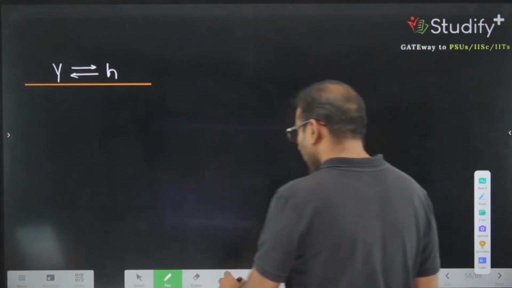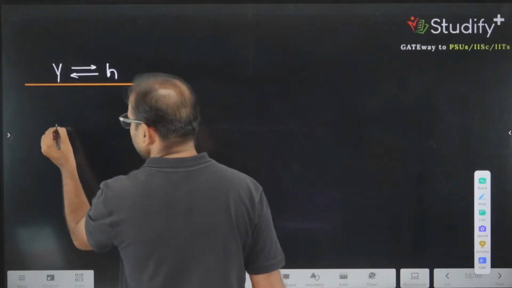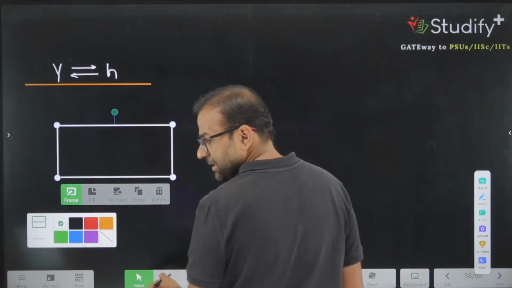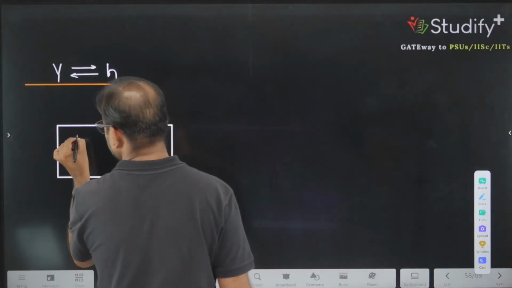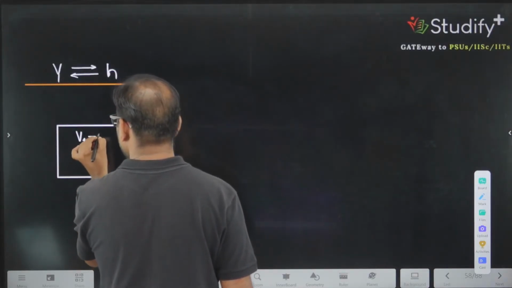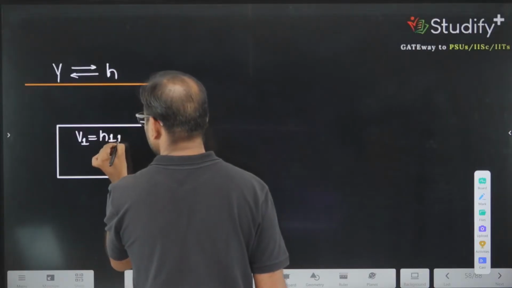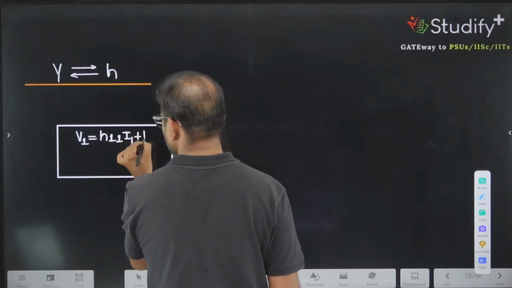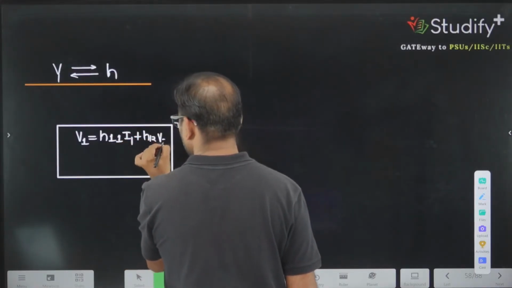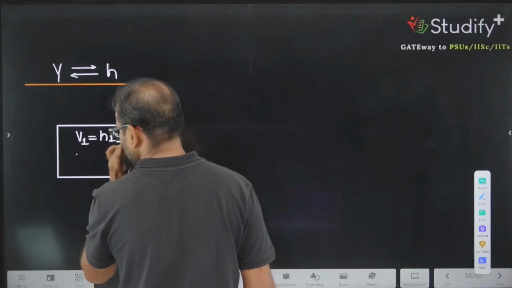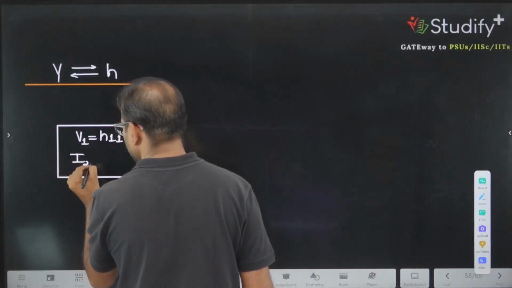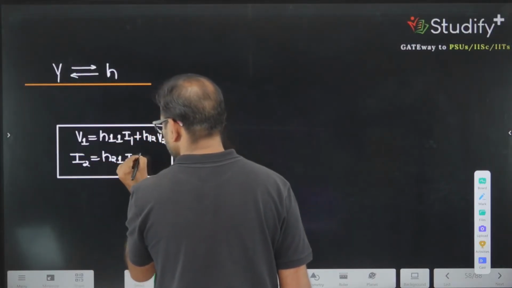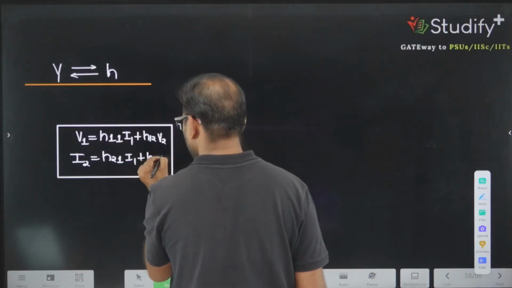So what is your h parameter? The h parameter is given by this: V1 equal to H11 I1 plus H12 V2, while I2 is equivalent to H21 I1 plus H22 V2.